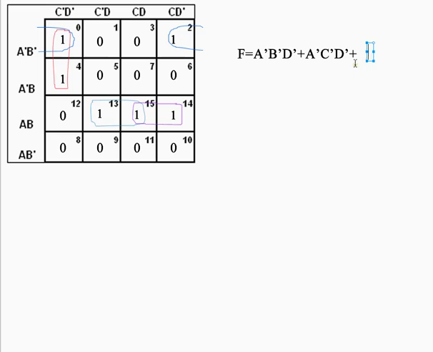So you have ABC. Well, didn't work quite as I expected. So there you go, plus ABC. So this is the sum of products form for my function.